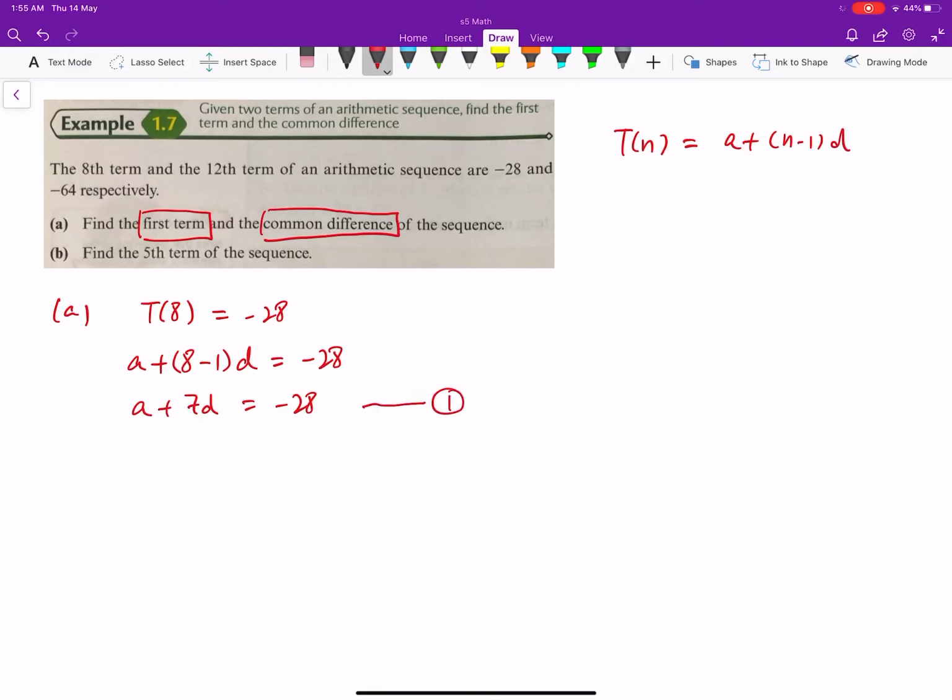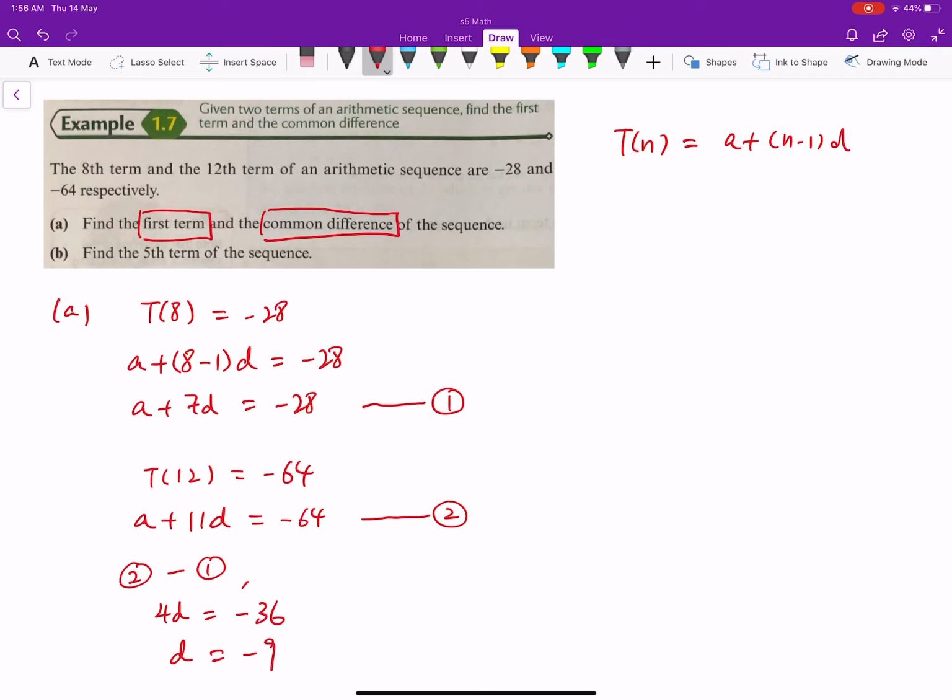That's why the question will give you two pieces of information, the 8th term and the 12th term. And now for the 12th term, it is negative 64. So similarly, we get A plus 11 D equals to negative 64. Then we get equation 2. And then we use 2 minus 1. Then we will have 4D equals to negative 36. So D is negative 9.